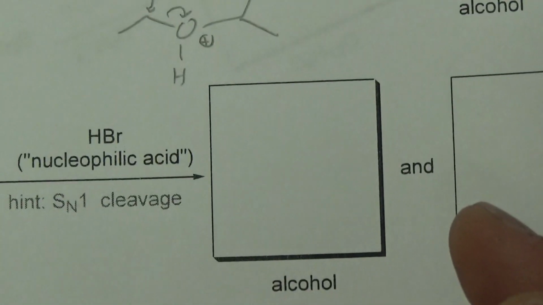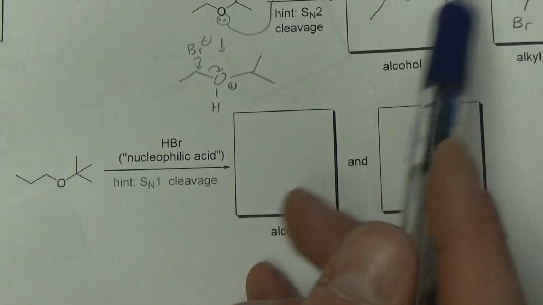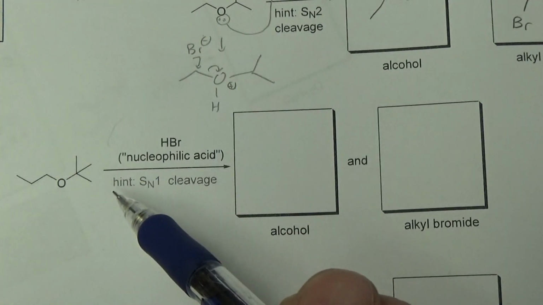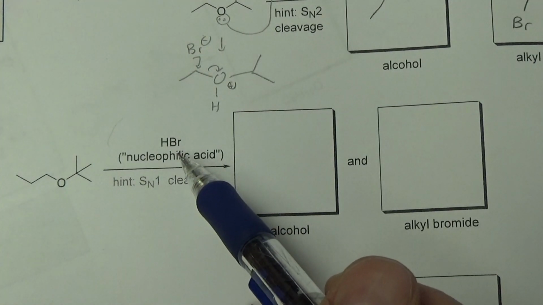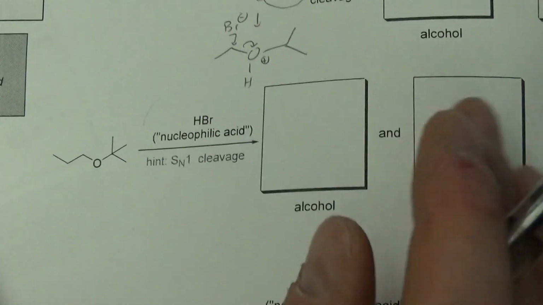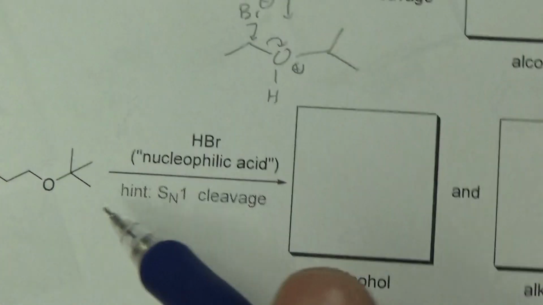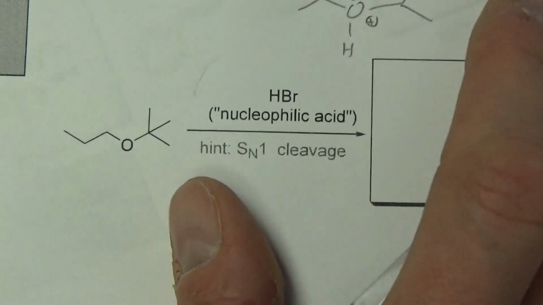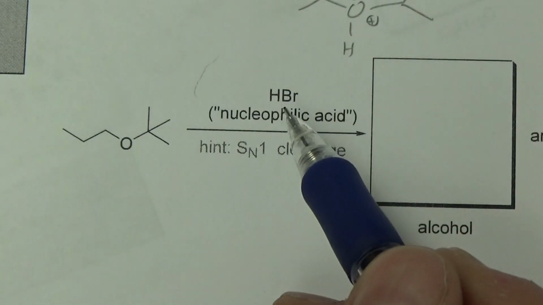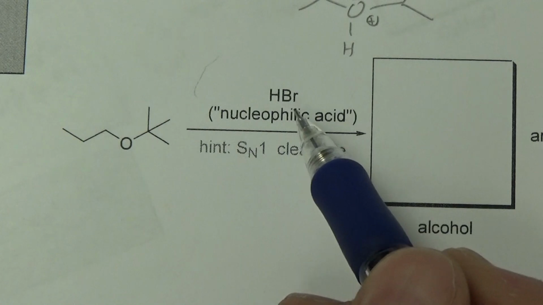But if any of the sides are tertiary, and it's HBr, or a nucleophilic acid, then it's going to go SN1. It's going to go SN1 cleavage. And now the Br will not go to the least substituted side, it'll go to the more substituted side.